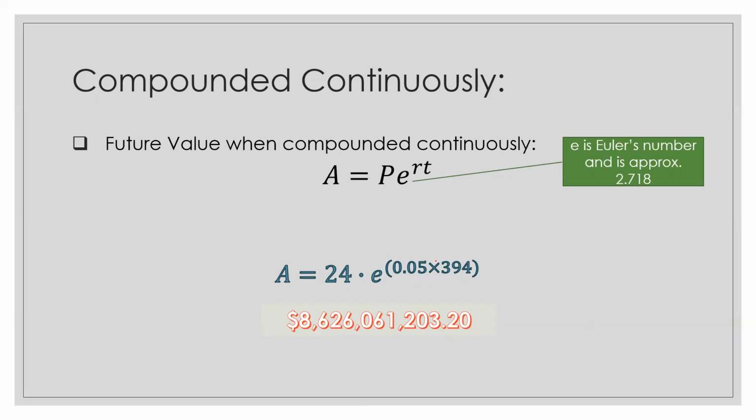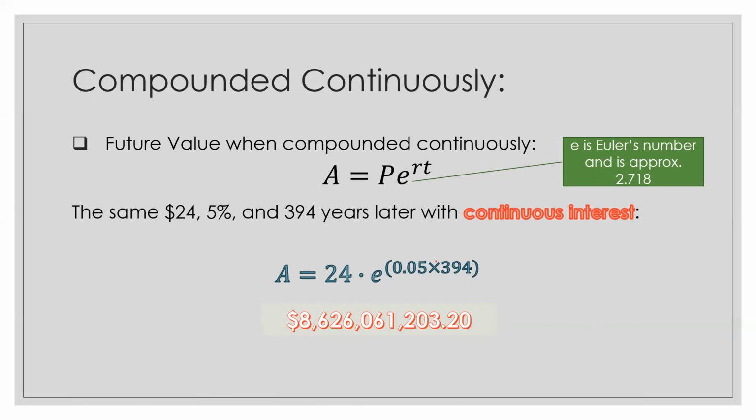Do, however, use your calculator and use the e button. So that same scenario of $24, 5% annually, 394 years later, with continuous interest. Remember, if it was compounded daily, you had about that 8.6 billion, right?